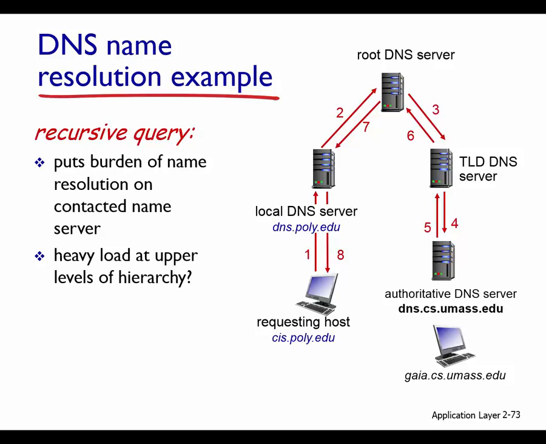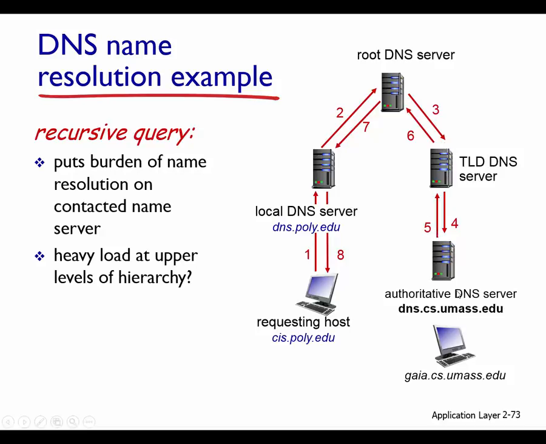Next we have the recursive query. In the recursive query, I talk to my local host and I say, I need to get to gaia.cs.umass.edu. The local host knows where the root is, so it goes to the root, and the root says, well, I know where the top-level domain for .edu is. It gets that information from the top-level domain.